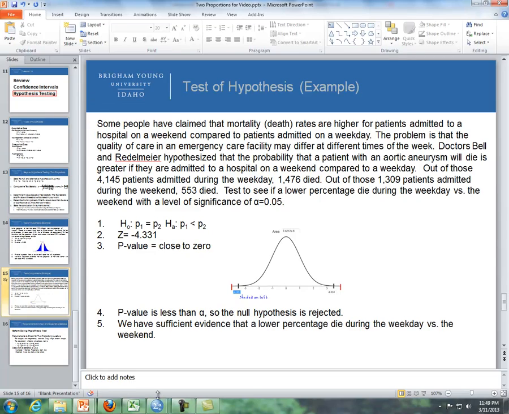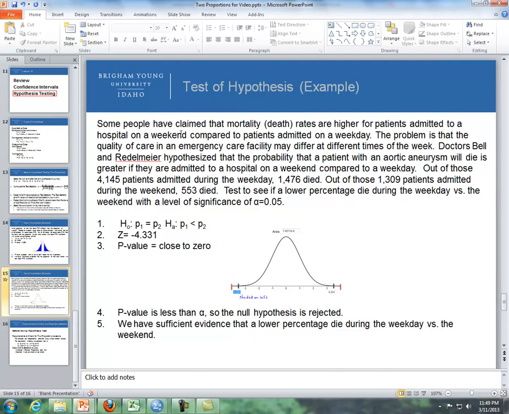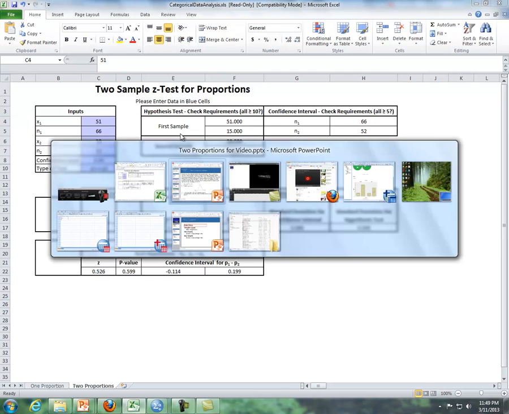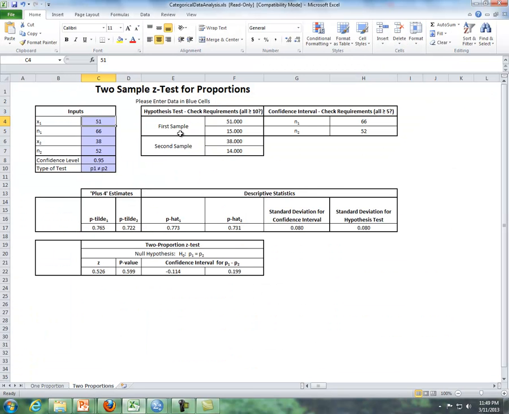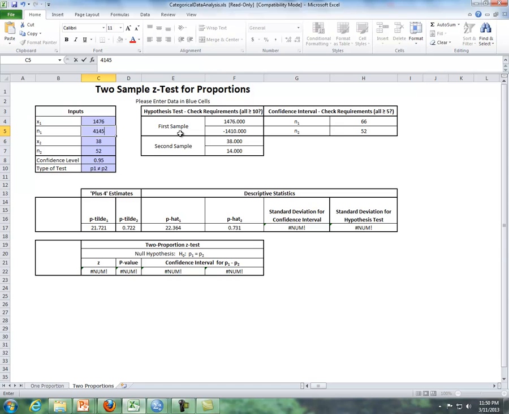So I'm going to go to the Excel again, and I'm going to type in the weekdays: 1476, divided by the sample size of 4145.